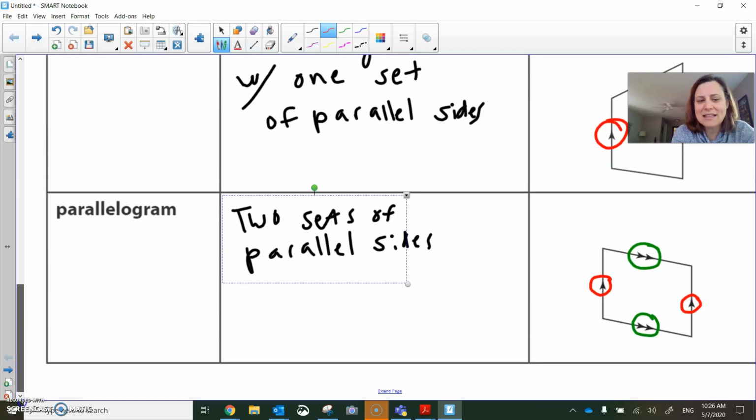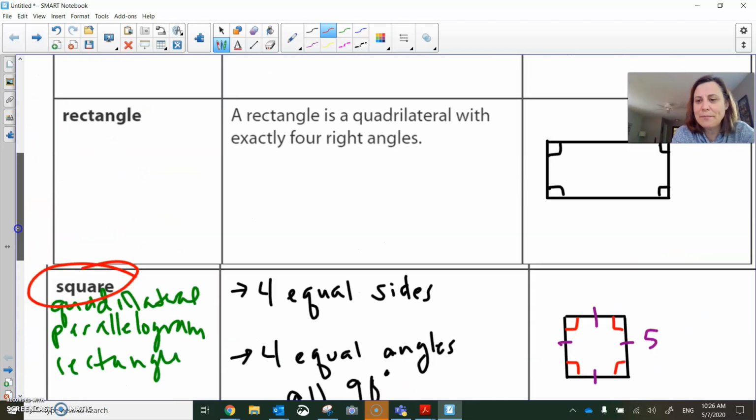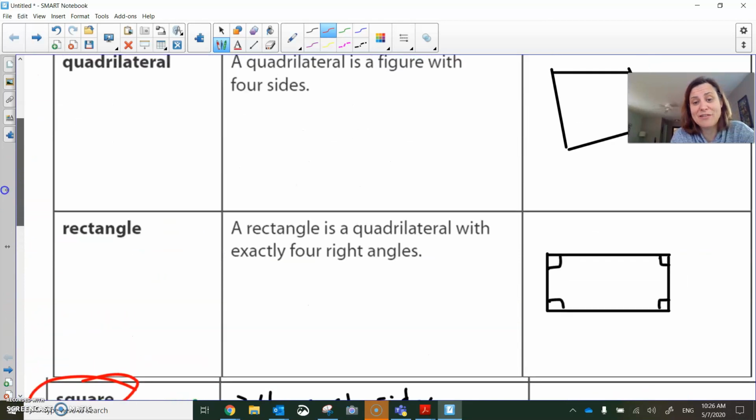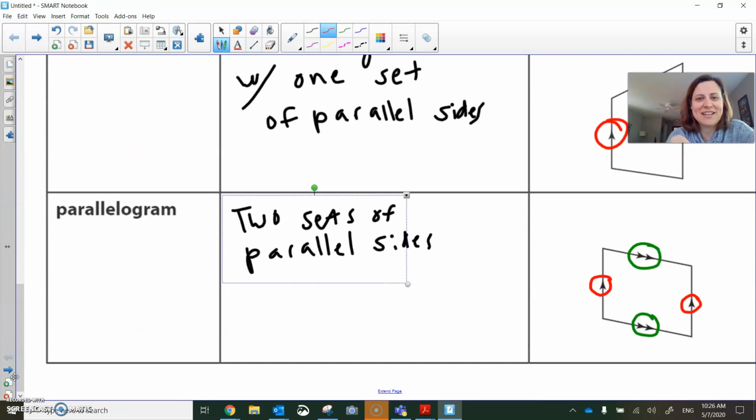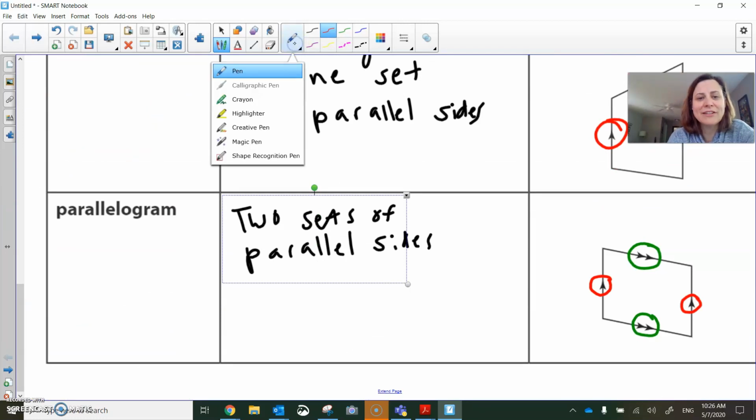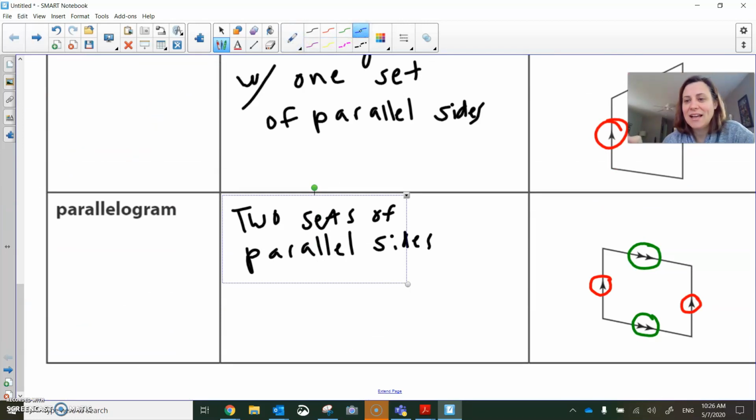So like I said, let's keep our vocabulary going, because there's a lot of vocabulary. Oh, here's something else I want to tell you that's kind of fun. Parallelogram has the best shorthand.